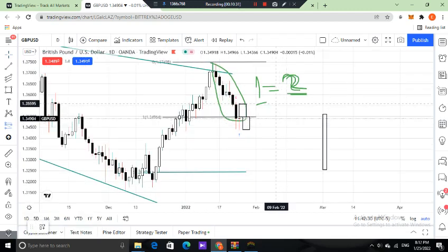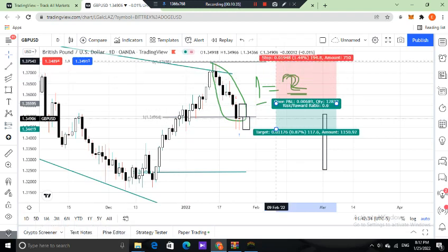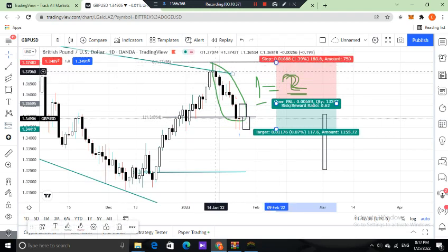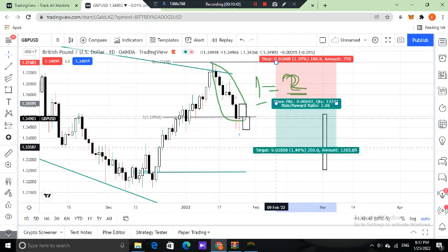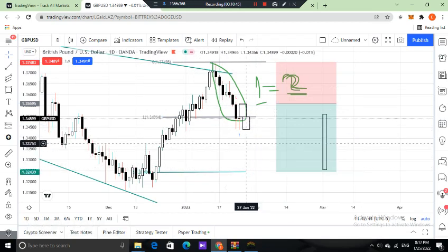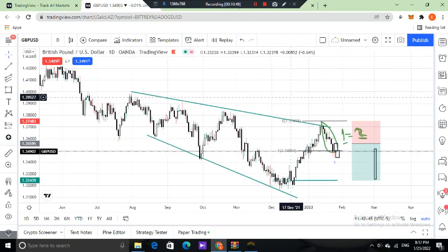So here's the entry point, your stop loss above this signal bar or above this leg, the first leg. Yeah, it's a good risk to reward.